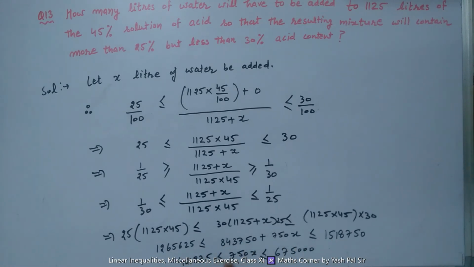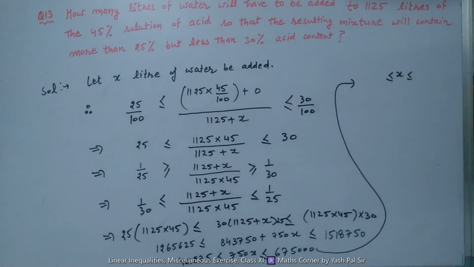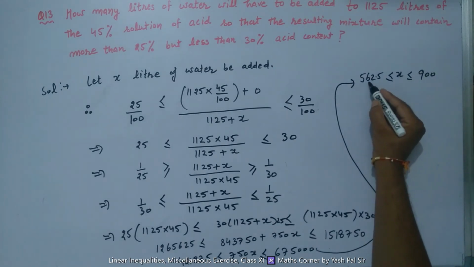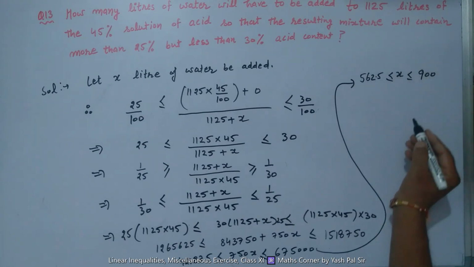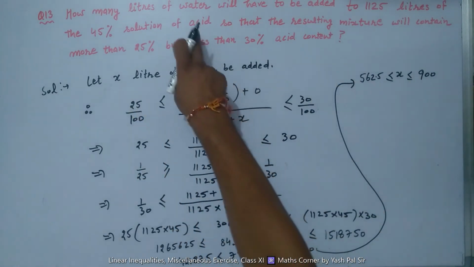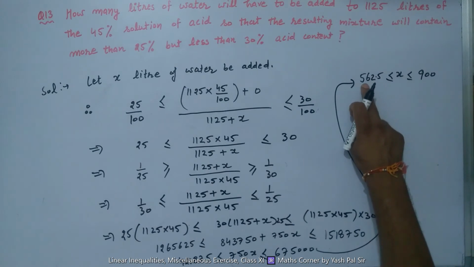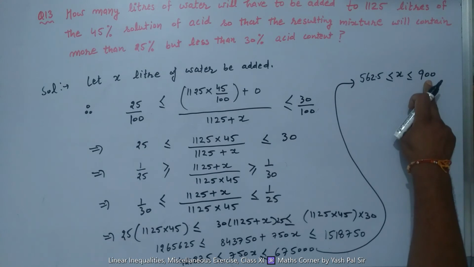Now dividing throughout by 750, we are left with the final value of x: x is greater than or equal to 562.5 and less than or equal to 900. This means the volume of water to be added lies between 562.5 and 900 liters of water.